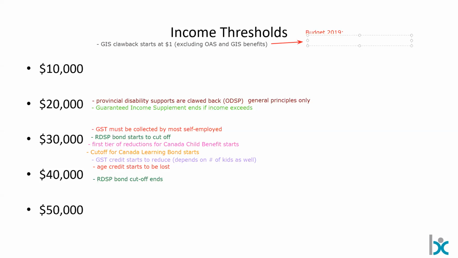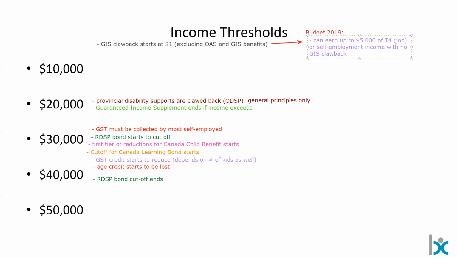You can earn up to $5,000 of T4, and not T4A, really T4 income, like from a job, or self-employment income, with no GIS clawback.